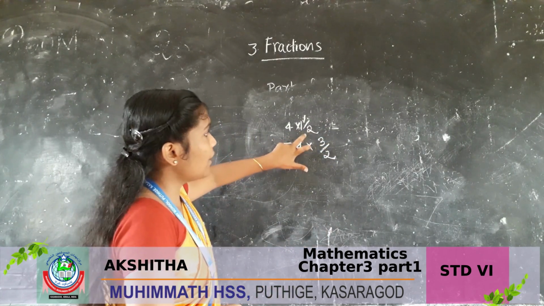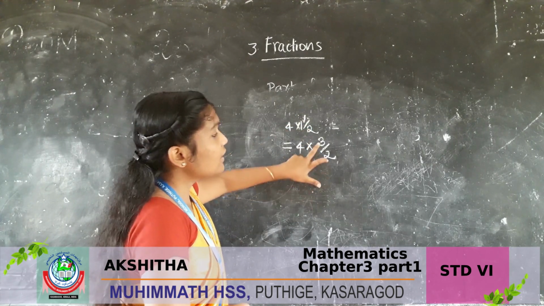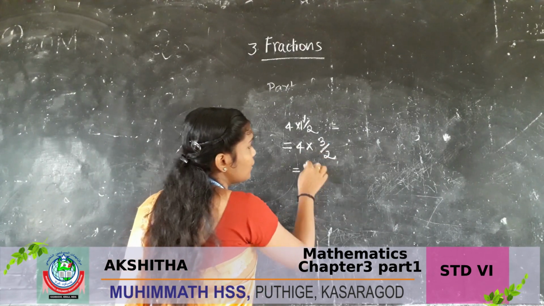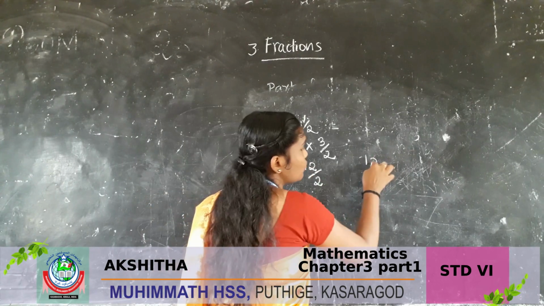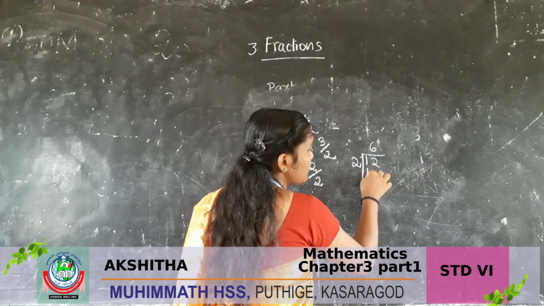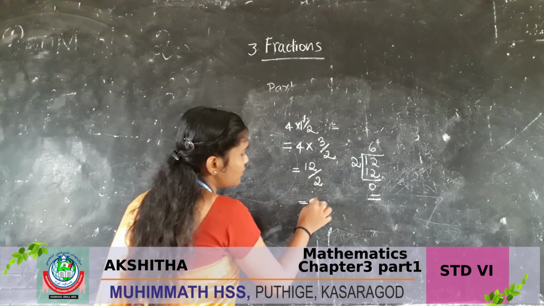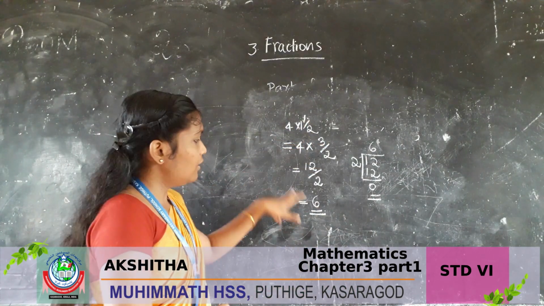We should multiply here. So we can write this as 3 by 2. So what is the answer? 4 into 3, 12. 12 by 2. 12 divided by 2. What is the answer? 2 sixes are 12, right? So answer 6. 4 times 1 and half is 6.